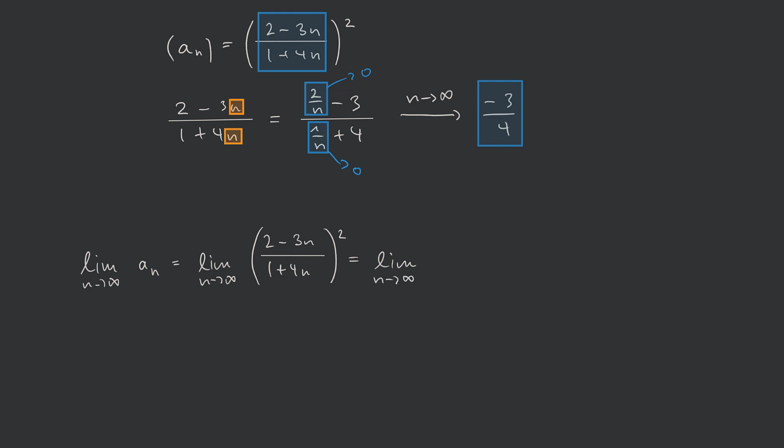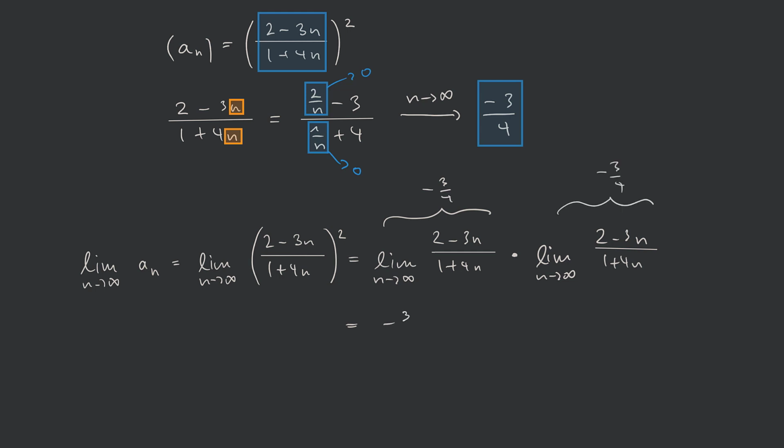So lim of the first one, which is this expression without the square, times the same expression again. We could use the square symbol, but let's just do this for reasons of clarity. But this is already known to us because those two are minus 3 over 4 respectively. So we get (minus 3 over 4) squared, which is 9 over 16. And that is the limit of our sequence.